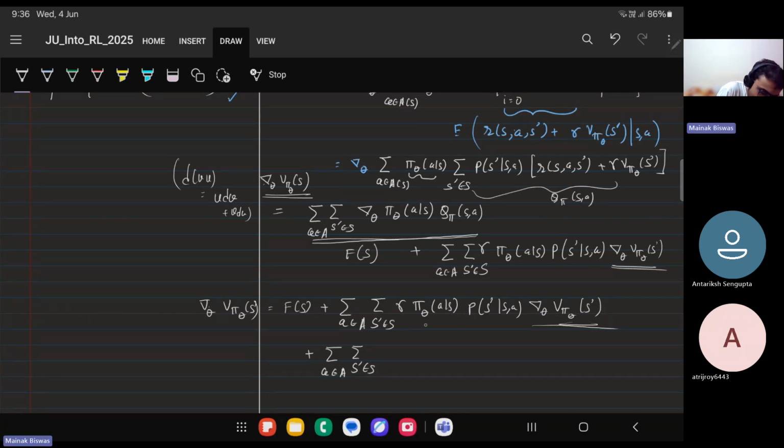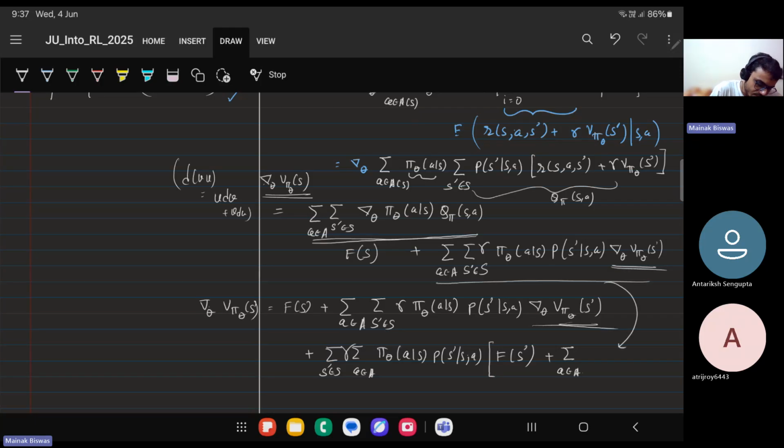S dash. So this, I will just replace the order of summation, in a minute you'll understand. Pi theta of A given S, P of S dash given S A. Then in the internal, I'll get f of S dash plus the summation over all actions. So I'm writing down this same thing here again. Please follow the algebra.